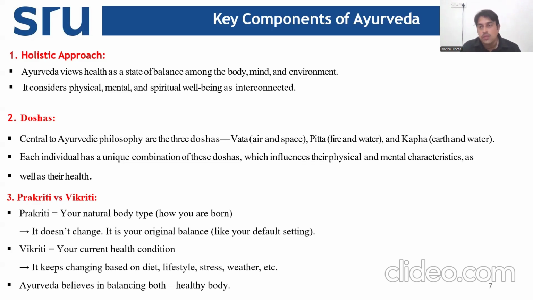It is based on our birth, which influences our physical and mental characteristics as well as our health. So Ayurveda always believes that if the doshas, Vata, Pitta, and Kapha, are in a balanced manner in our body, it is considered a healthy body. If any one of the doshas is not properly working, then there is an issue in the body, and the treatment would be considered according to that dosha.